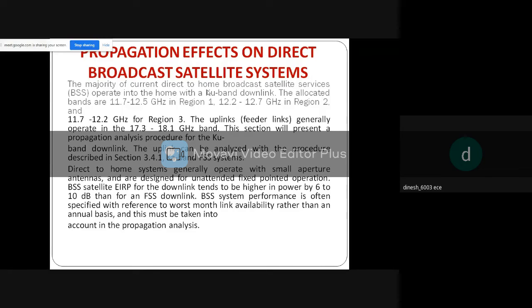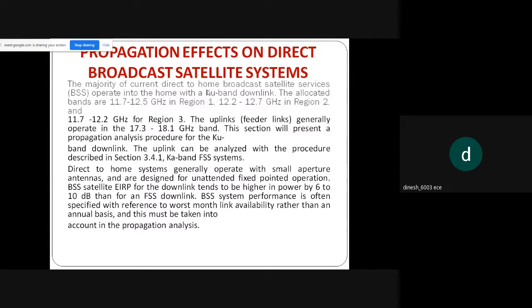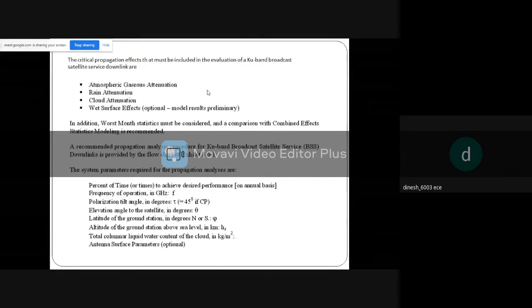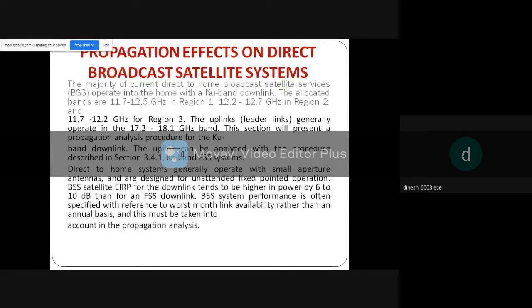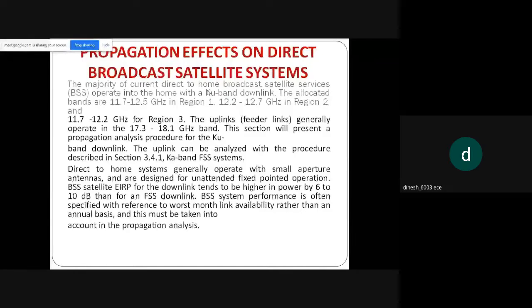The uplink or the feeder links generally operate in 17.3 to 18.1 gigahertz band for this above Ku band downlink. So these are the frequency bands of Ku downlink and uplink that are used in DTH, direct to home systems.